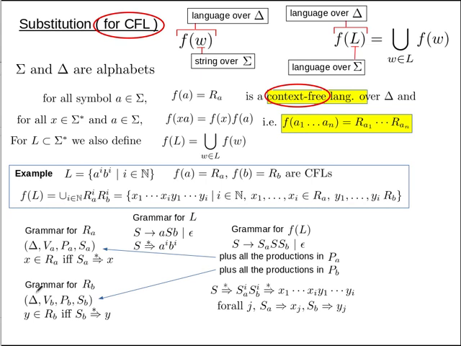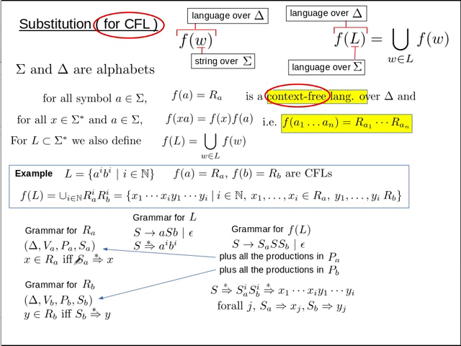Just remember that this first part is the terminal, and this is the variables, and we can assume that the variables are disjoint. Again, without changing the language, we can always rename the variables. So without loss of generality, we assume that VA and VB are disjoint. That means SA and SB also cannot be the same.